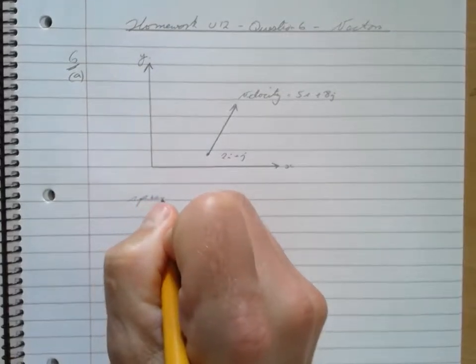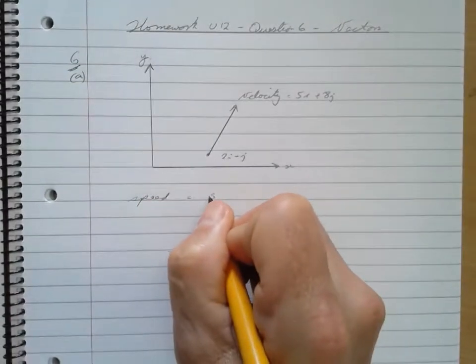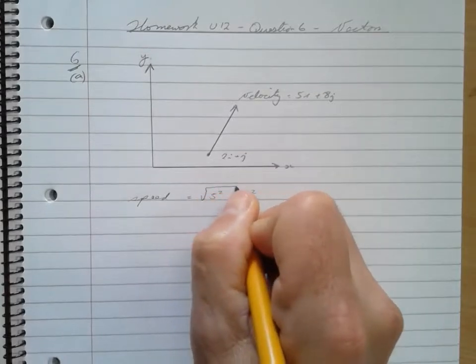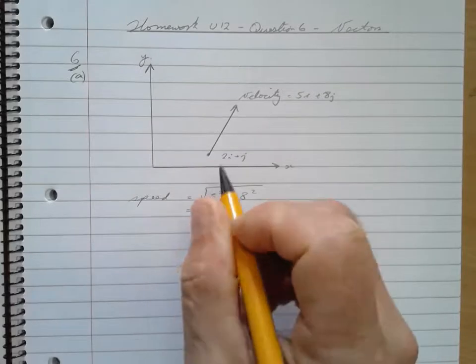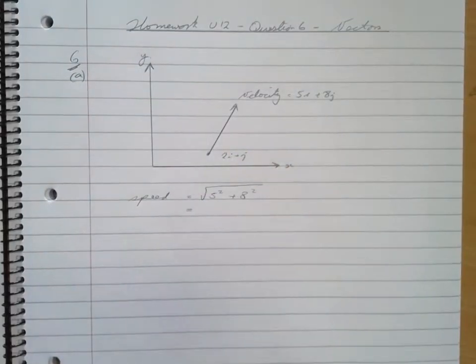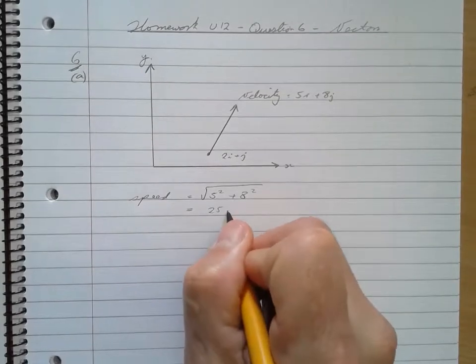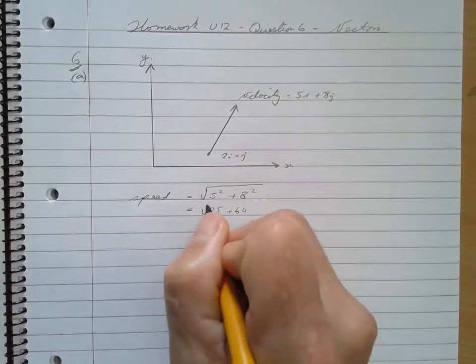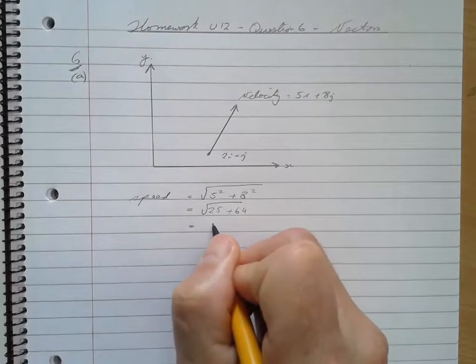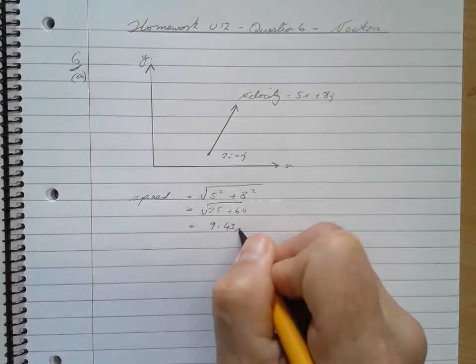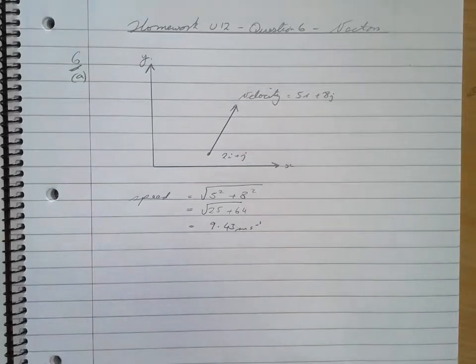So speed is going to be 5 squared plus 8 squared, and the square root of all of that. So we're going along 5, we're going up 8, and that gives us 25 plus 64, square root of all of that, which when we stick that in the calculator gives us 9.43 meters second to the minus 1.